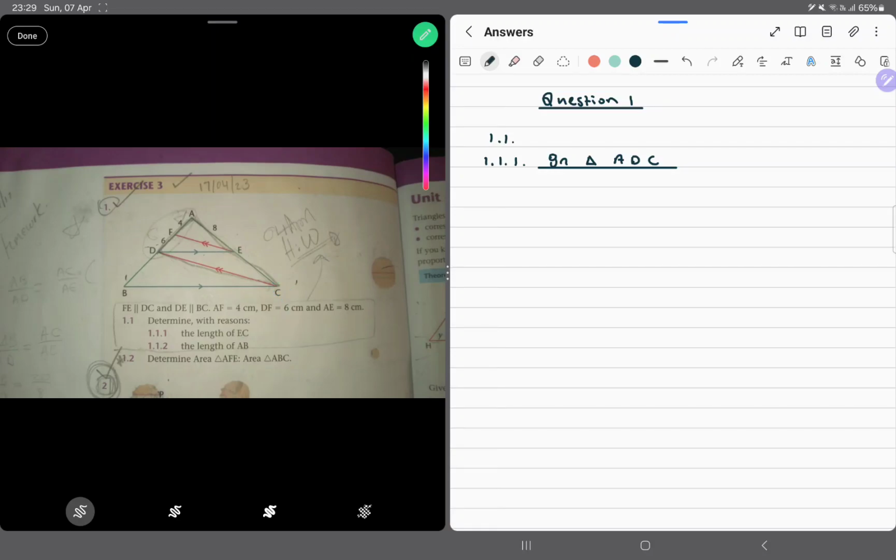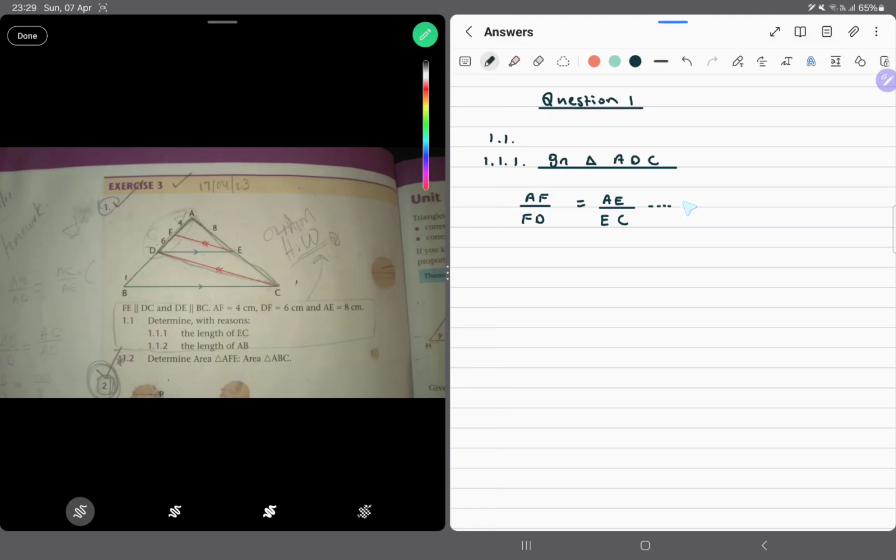What are we looking for? EC. So we can just easily write here AF over FD should be equal to AE over EC.